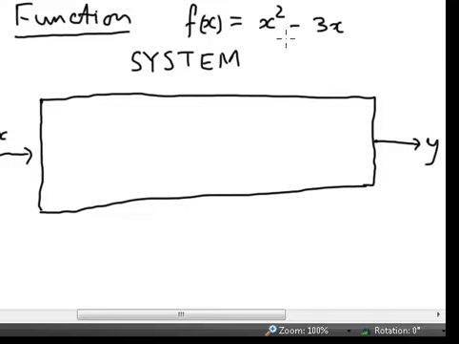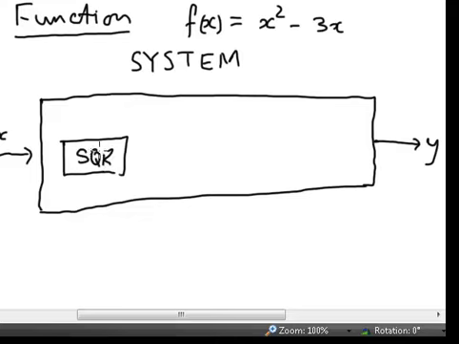But if you look at this function, it's involving different systems which are doing different things and they're built up together. So in the first stage here, what's going to happen? I'll just write SQR for square.